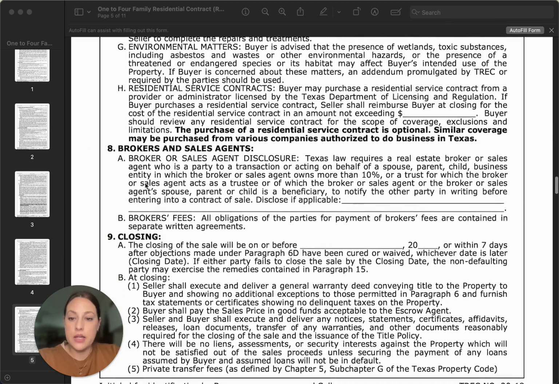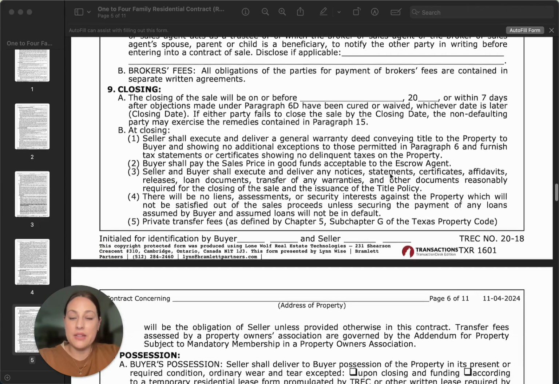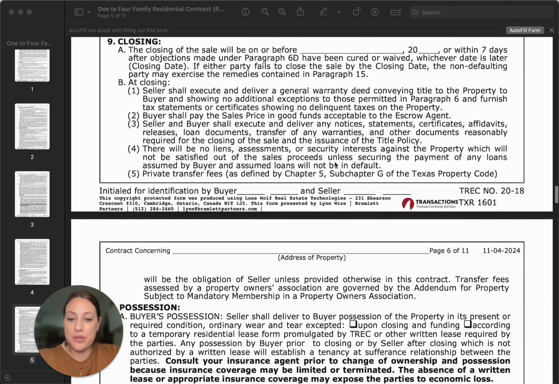All right, section 8 here, we've got a broker or sales agent disclosure. Agents need to disclose if they're related to the seller, if they have any ownership in the property, anything like that goes here. And then we've got the closing. So we've got a closing date here in section 9, and it tells you what needs to happen at closing.